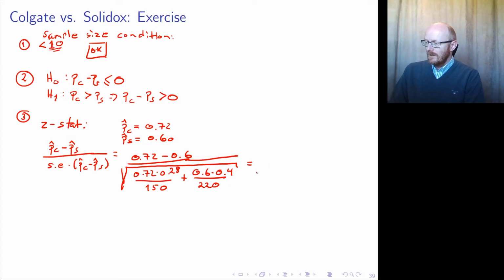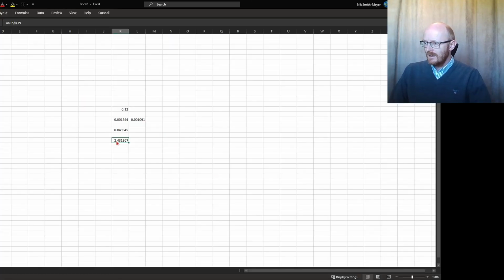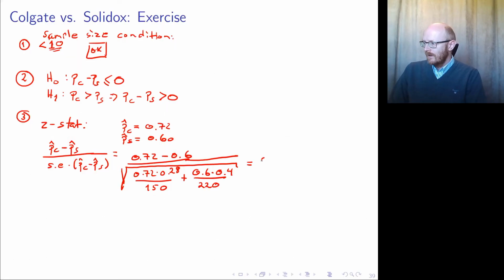If we calculate this, we get an answer of 2.43, and that's our z-stat.